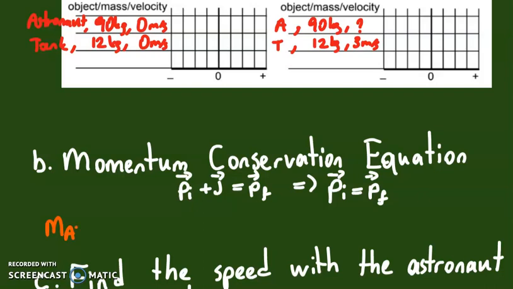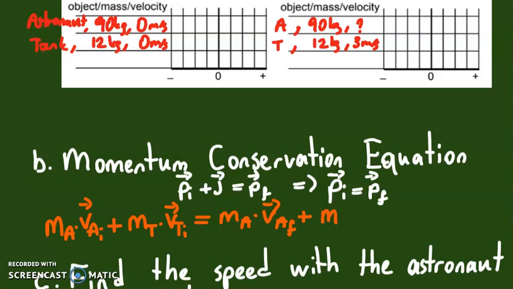Mass of the astronaut times velocity of the astronaut initial, plus mass of tank times velocity of the tank initial, equals mass of astronaut times velocity of the astronaut final, and mass of tank times velocity of the tank final.